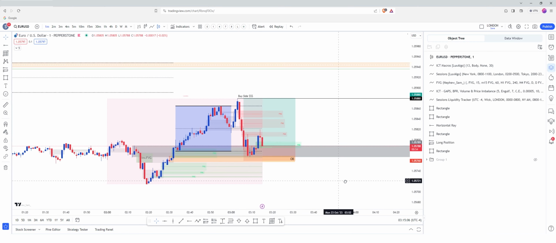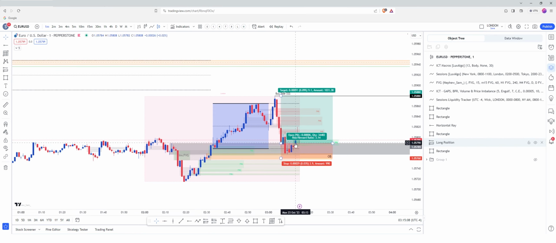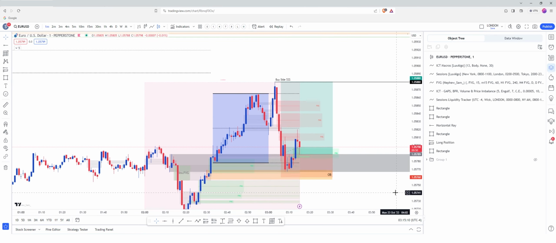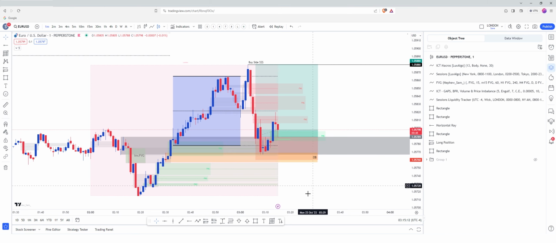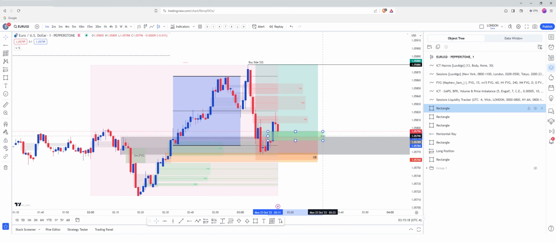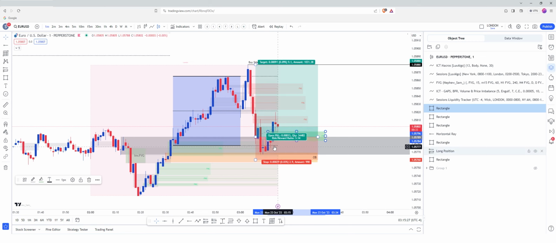So we are at now the new 15-minute candle, so we want to see this fair value gap being respected, really, this bullish fair value gap. I want to see the volume for the new 15-minute candle now quickly come through.